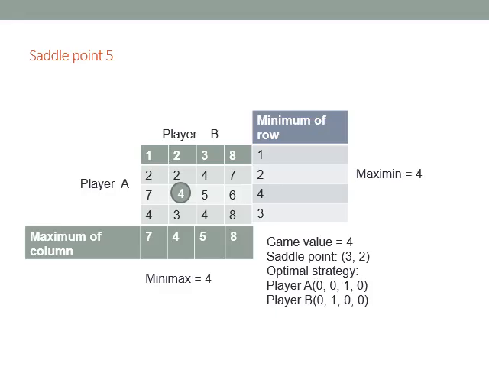Player A, of course, will choose the third strategy, or row 3. Then his optimal strategy looks like 0, 0, 1, 0.